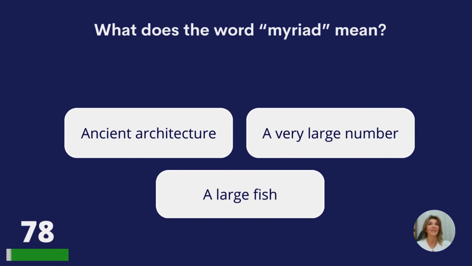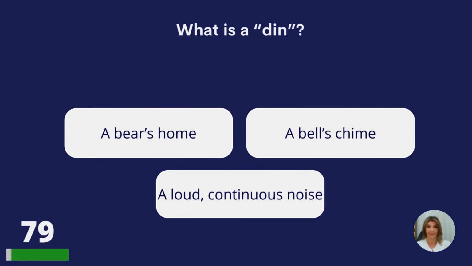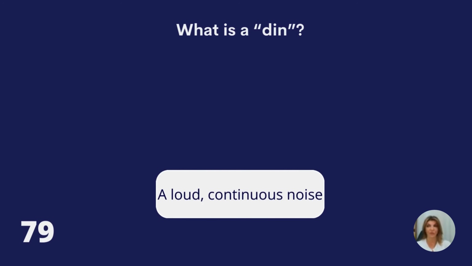What does the word myriad mean? Ancient architecture, a very large number, or a large fish? A very large number. What is a din? A bear's home, a bell's chime, or a loud continuous noise? A loud continuous noise.